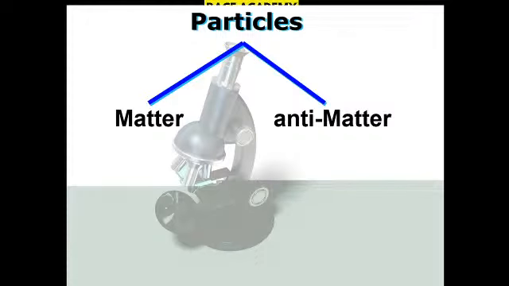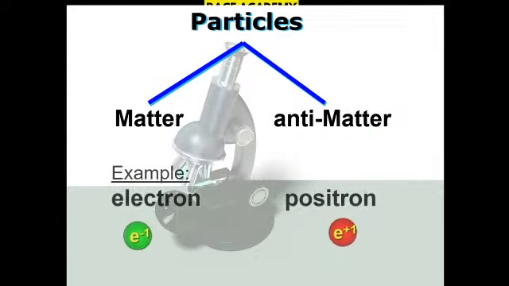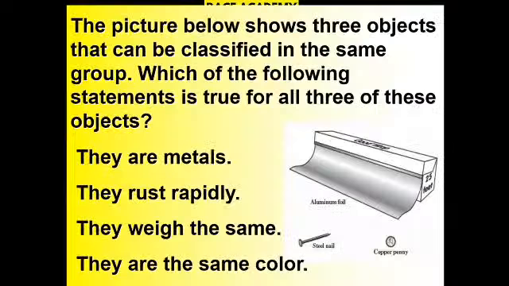Here the example is electron and positron. You can observe here, electron is matter and positron is antimatter.